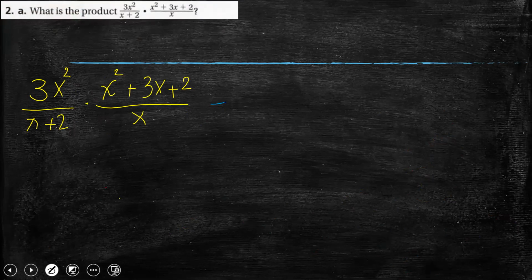For 3x squared, let's now try to factorize it. 3x squared, is it 3 times x times x? Yes. Over x plus 2, keep it as it is. Then multiplied by this x down, keep it as it is.